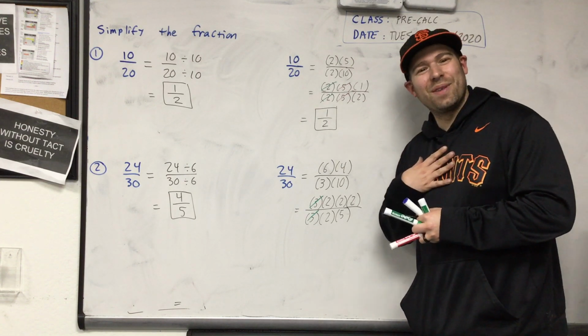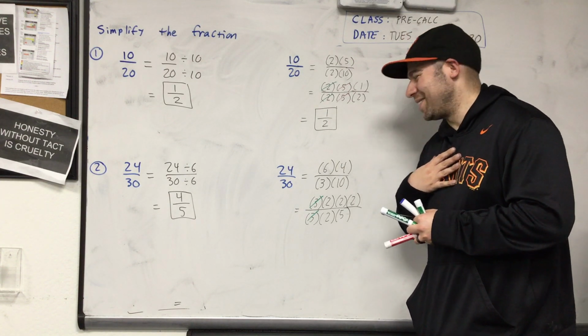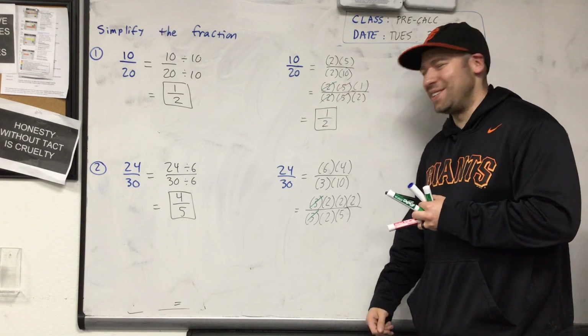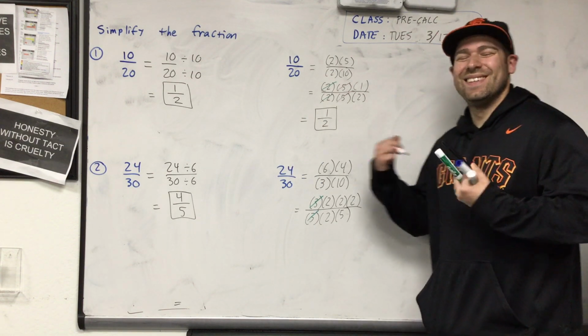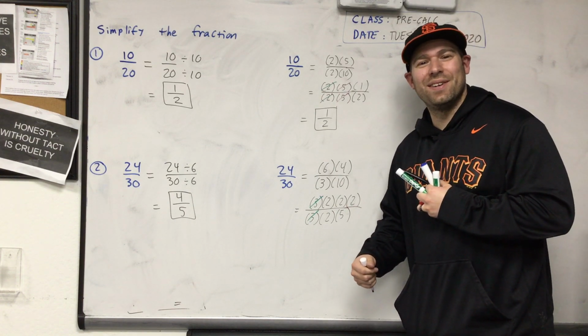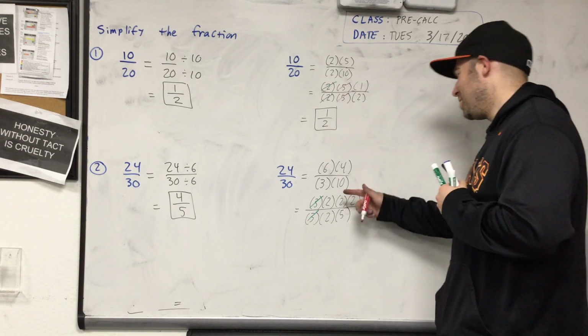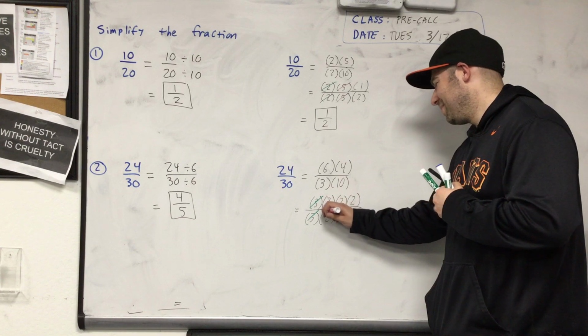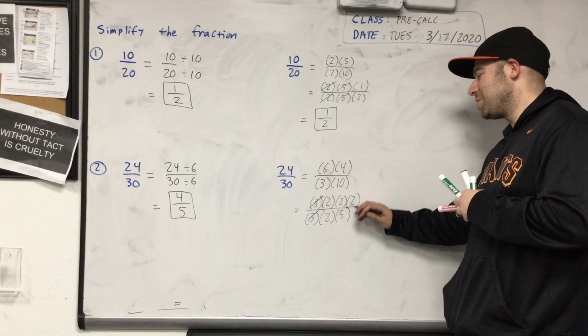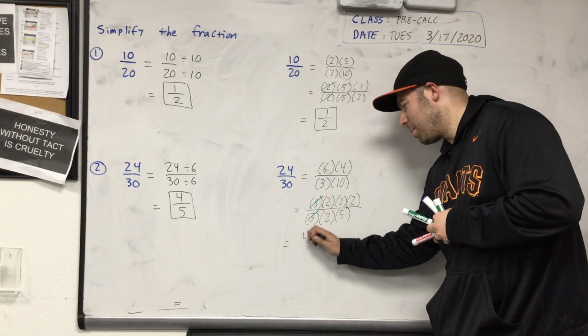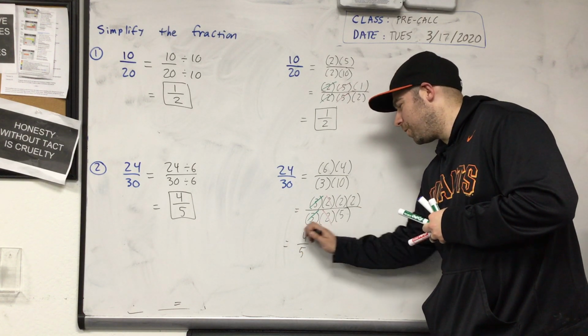See, even I with a bachelor's degree tried to go, this is easy, no big deal. And then even I was like, wait, do I know? Do I forget how to do this? And you know, I get paid to be here, you know. 2 divided by 2 cancels out to form 1. So 2 times 2 is 4, and that becomes 4/5.